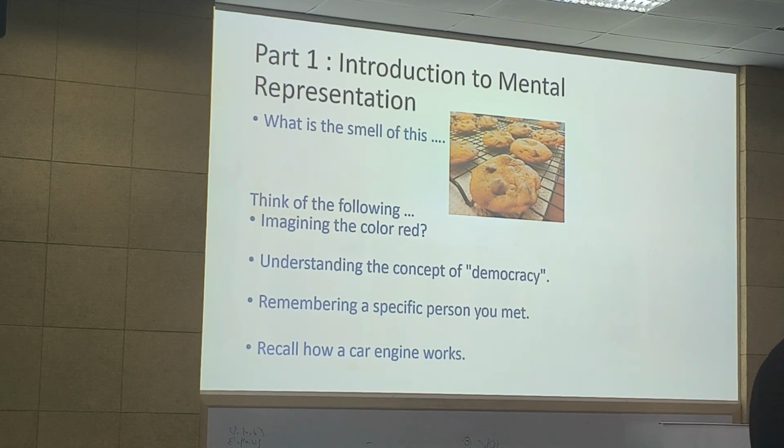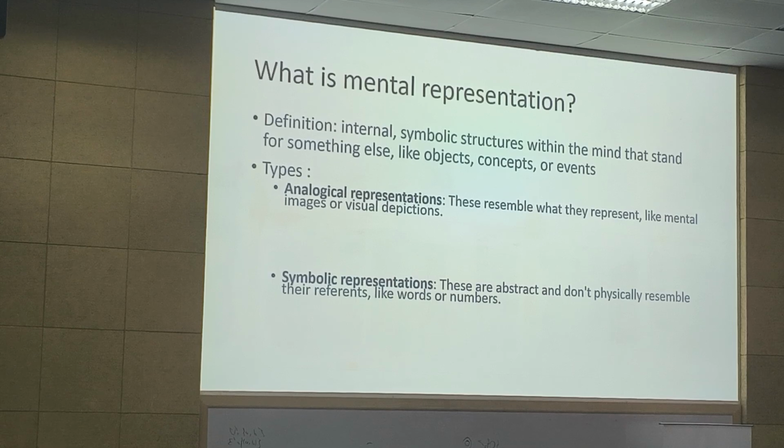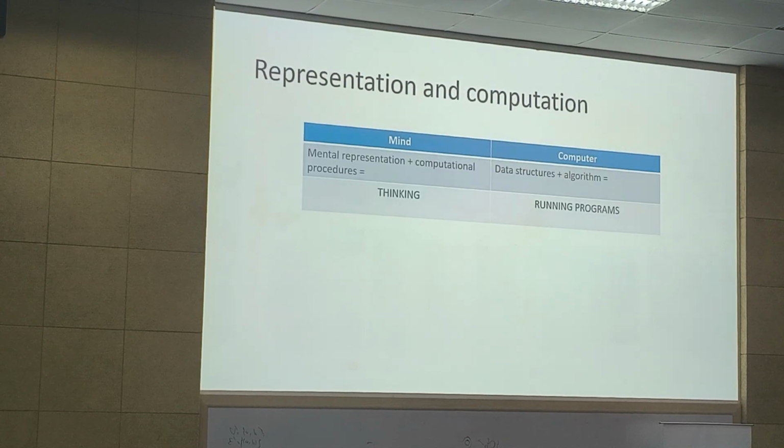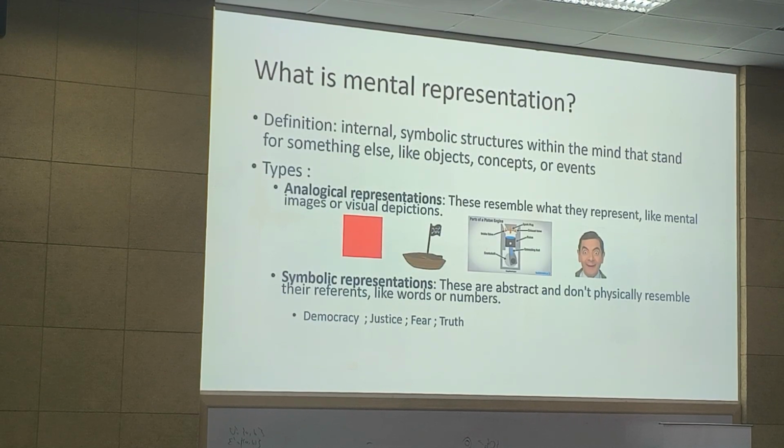So this actually talks about some of them are more tangible, some are non-tangible. So still, regardless of which area they're coming from, they can still be represented in different formats. So one is basically referred to as analogical representation, another one is symbolic. Okay, so these are the respective examples or definition for each.